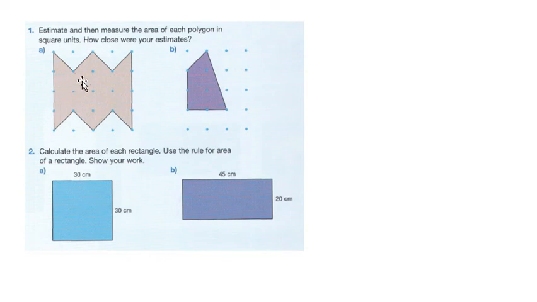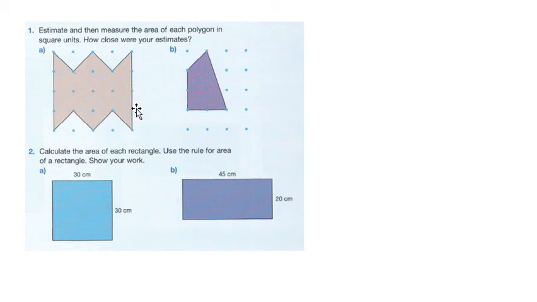But it's not full. I'm missing some from here, some from here, some from here, and some from here. So I know it must be less than 16. I don't yet know exactly how much less, but I know it's less. So an estimate could be 12 or 13 or 14 or 15. We have to count it to find out for sure.